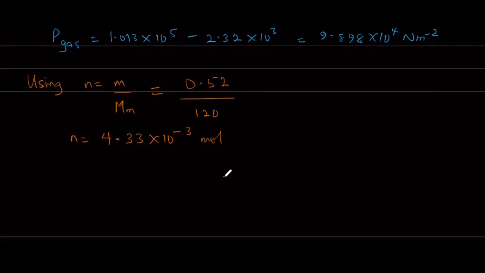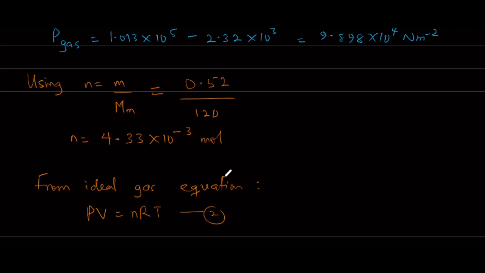Since we have gotten the number of mole, then we can as well use the ideal gas equation, which is given as PV equals nRT. That's equation 2.